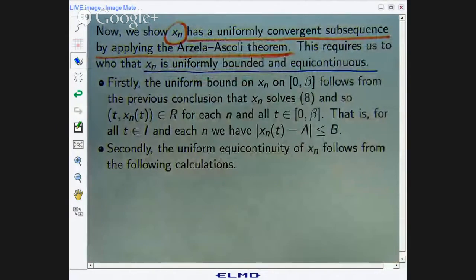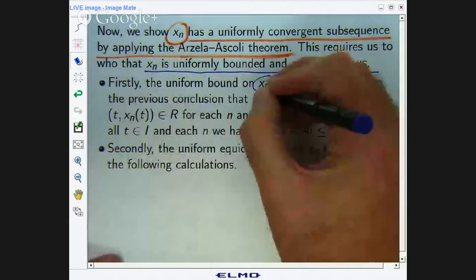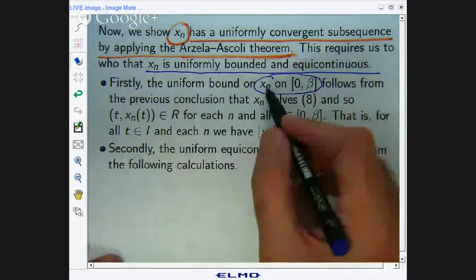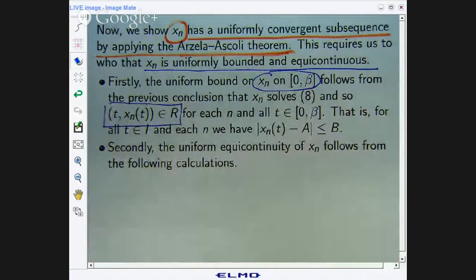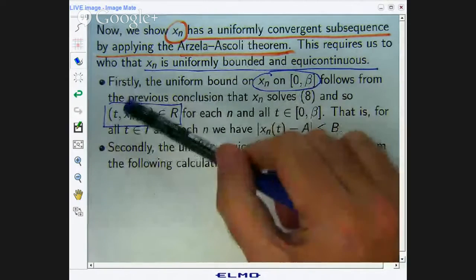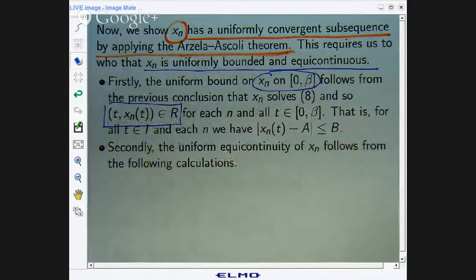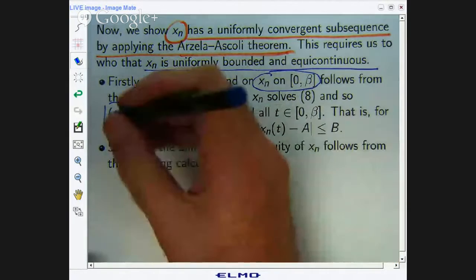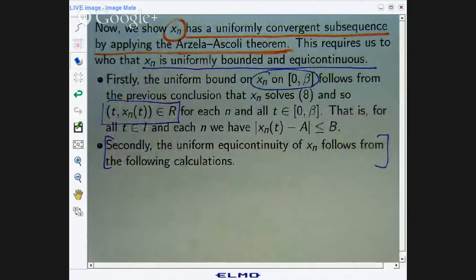Okay, well, firstly, the uniform bound on this sequence follows from the fact that, for every n, this graph has to stay in the rectangle. So, of course, it's going to be bounded. Now, secondly, the uniform equicontinuity is a little bit harder to show.